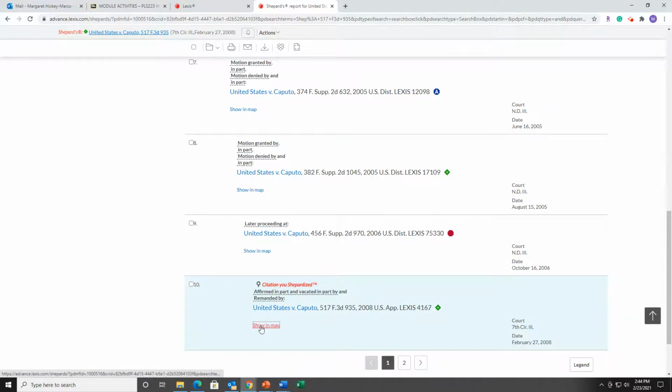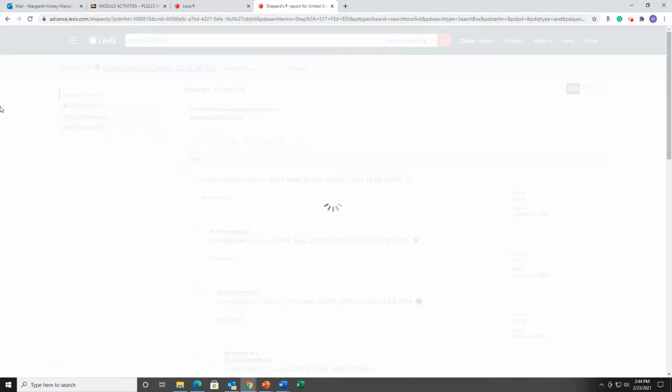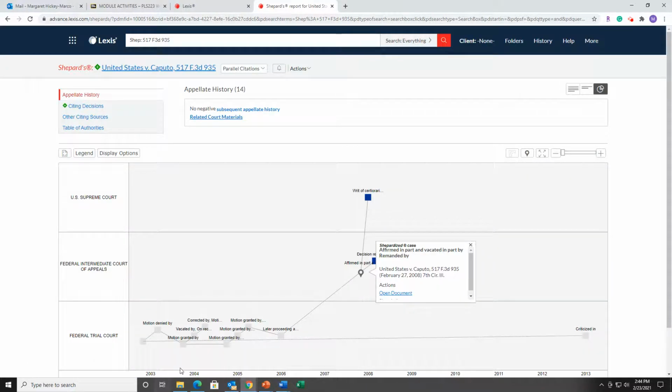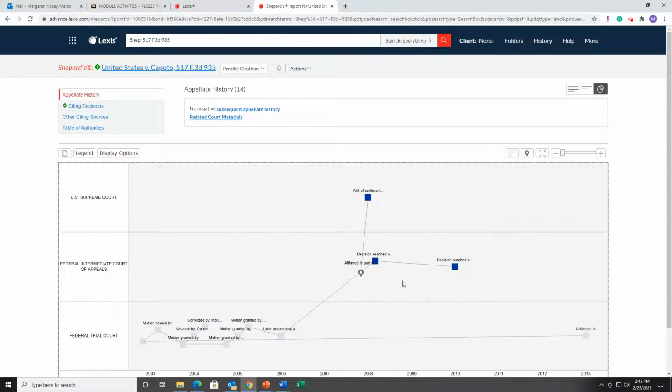Yeah, show map. So if I want to look at what it looks like graphically, here it is. There were a bunch of little motions granted and denied in the trial court. This is my case. Okay, and then cert was denied, and here's some other little things that don't impact it. Okay, so that's my appellate history.